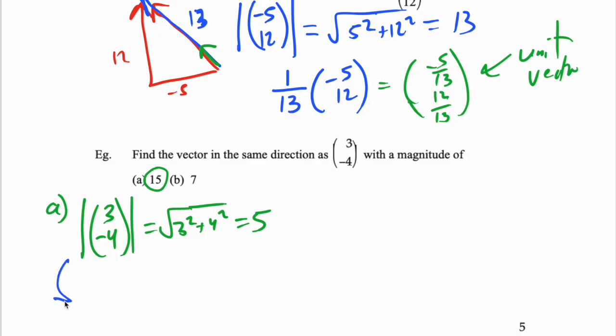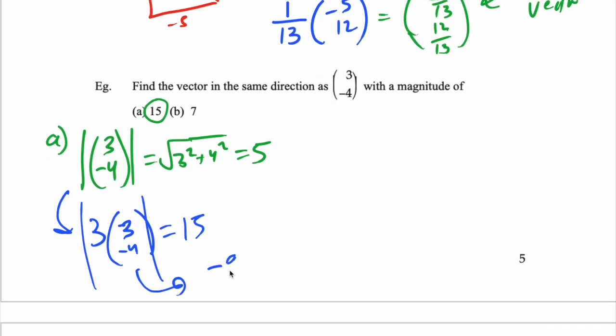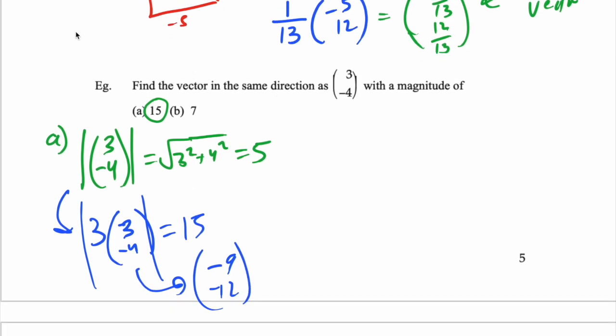To get 15, we do 3 times this vector, which will give us a magnitude of 15, right? So the answer, I guess, is -9, -12. That's the vector in the same direction with a magnitude of 15.